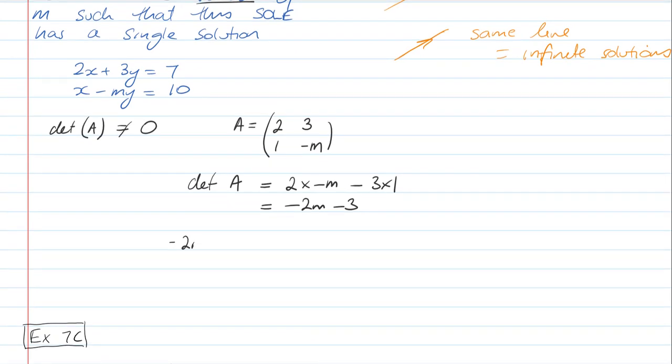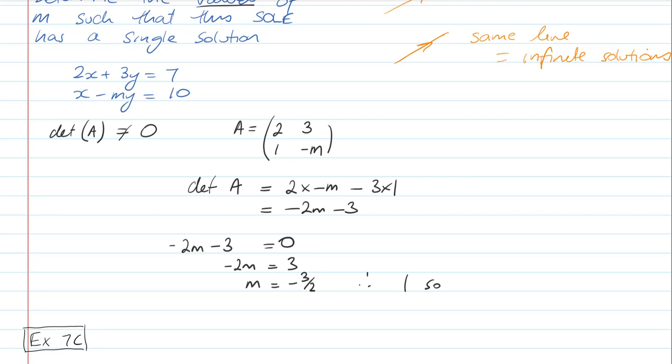Let's explore, when does negative 2m minus 3 equal 0? When negative 2m equals 3, and when m is equal to negative 3 over 2. So therefore, one solution when m doesn't equal negative 1.5. Any other value of m, and we will have a solution.